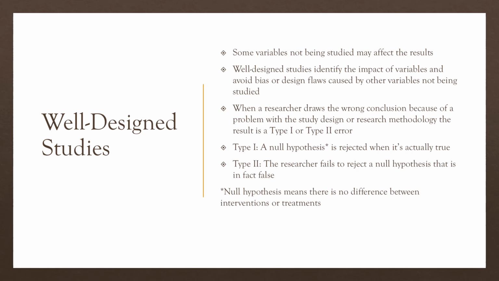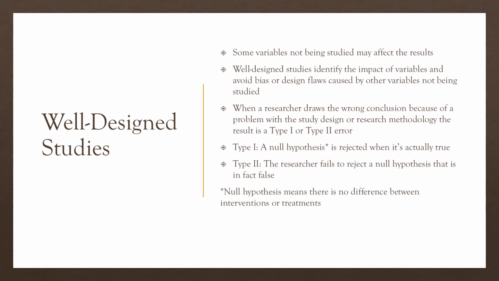So if you have a type 1 error, it means a null hypothesis has been rejected when it's actually true. So you are saying that there's no difference between treatment 1 and treatment 2, and actually there is a difference between those two treatments. So that would be a type 1 error.